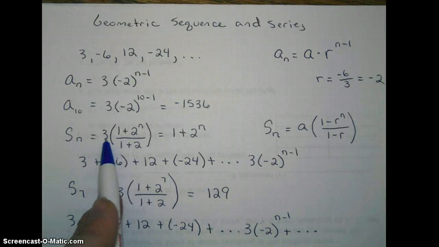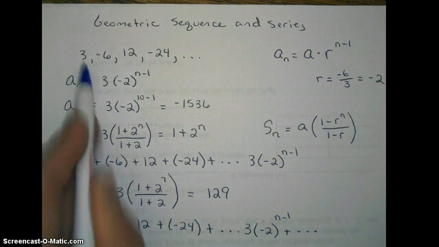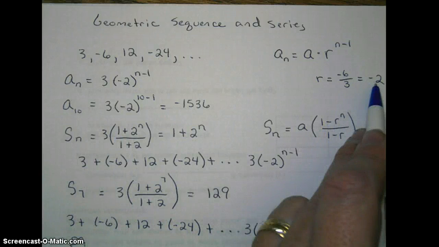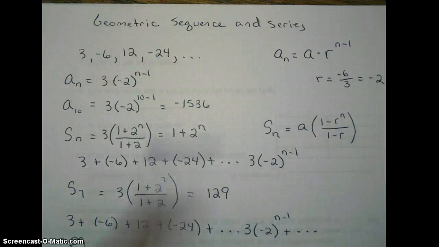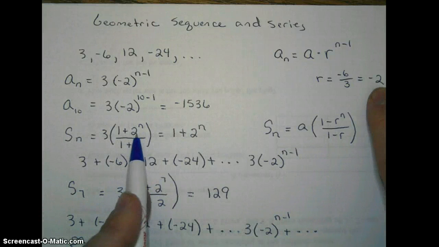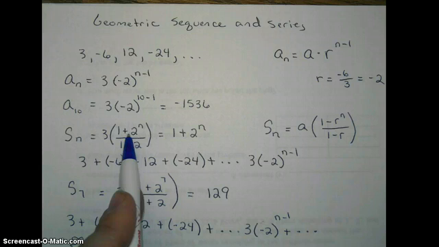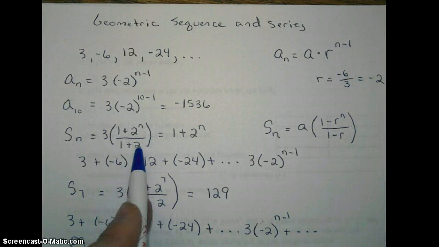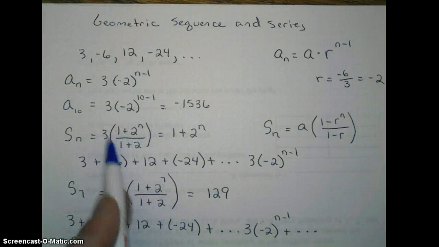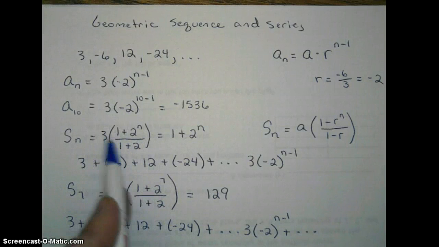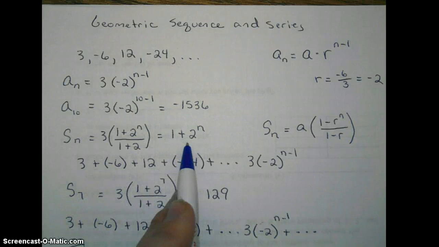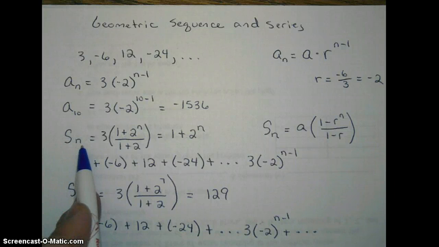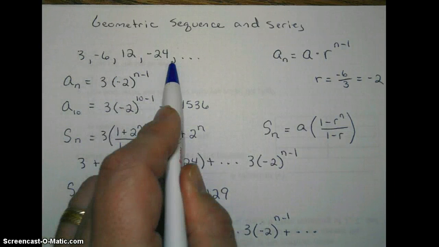So a is the first term, so that's 3, and the formula goes 1 minus r, but since r is negative, it will be 1 plus 2, because a minus and a negative make a positive, to the nth over 1 plus 2. And then simplifying that, 1 plus 2 is 3, and the 3's cancel, leaving us with 1 minus (-2) to the nth. That is the sum of the first n terms of this sequence.